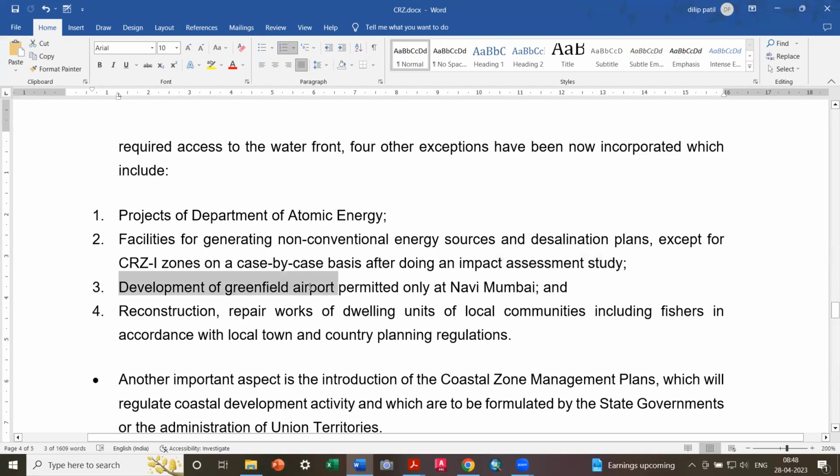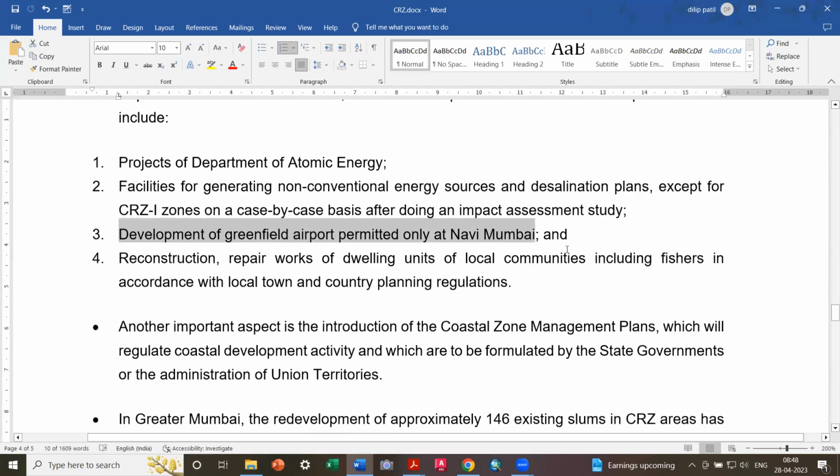So, development of a greenfield airport is permitted only at Navi Mumbai. तर नवी मुंबईमध्ये तुम्ही बघितलं असेल की खाडीच्या कडेलाच म्हणजे वाशीची खाडी जी आहे किंवा नवी मुंबईच्या साईडला जी खाडी आहे तिथं एअरपोर्ट प्लॅन केलेलं आहे आणि तिथं बऱ्यापैकी चेंजेस झालेले आहेत. आपल्या क्रीकमध्ये किंवा हिली एरियामध्ये फ्लॅट एरिया करण्यात आलेला आहे, काही खाडी बुजवण्यात आलेली आहे, काही स्ट्रीम डायव्हर्ट करण्यात आलेले आहेत.